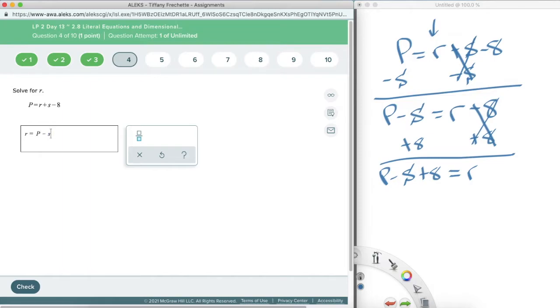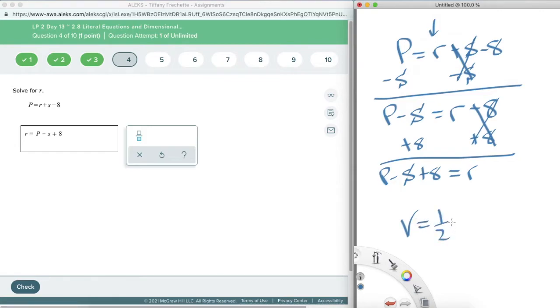I would also be careful on capitals and lowercase. Don't change those because a lot of the time in a formula, capital means something different than lowercase. You might actually have both things in there. For example, if I have, let's see, the volume of a triangular prism, I might have 1/2 base times height times the height, like this.